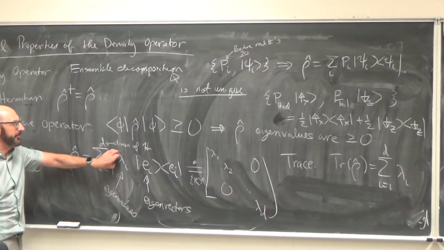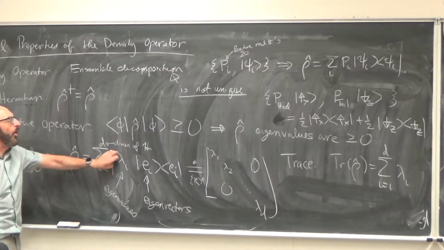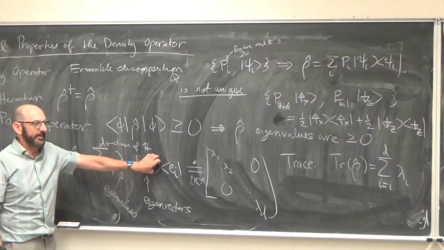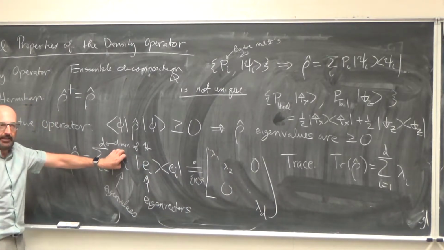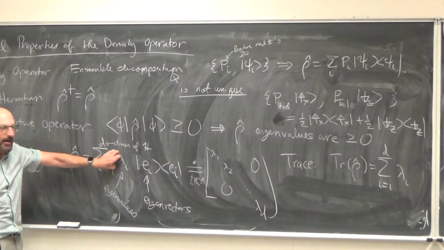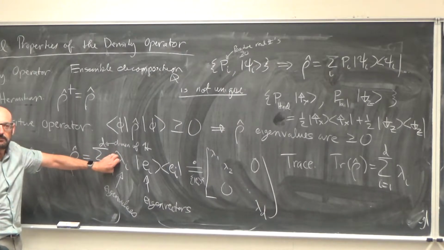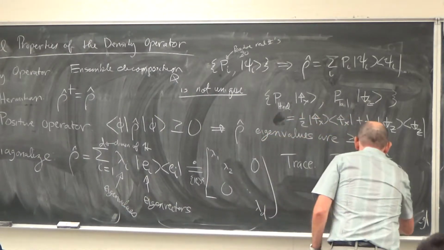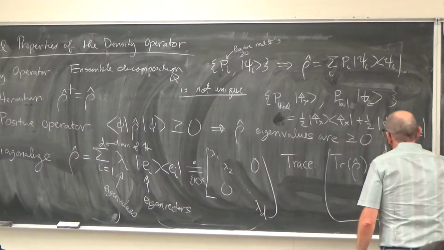I can think about rho as a statistical mixture of its eigenvectors weighted by probabilities, so the sum of those probabilities should be 1.